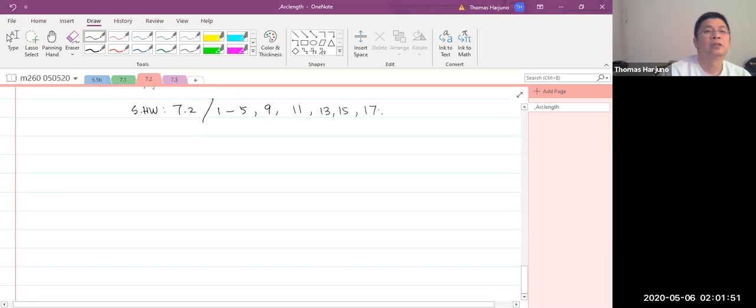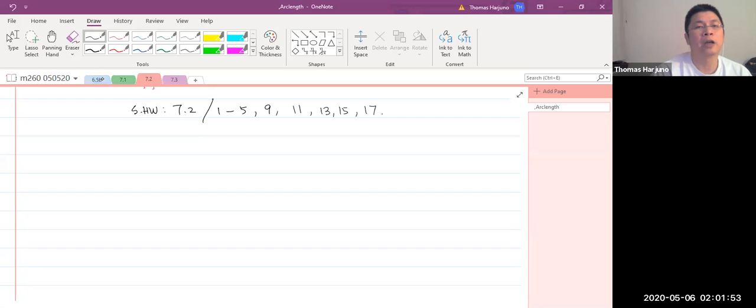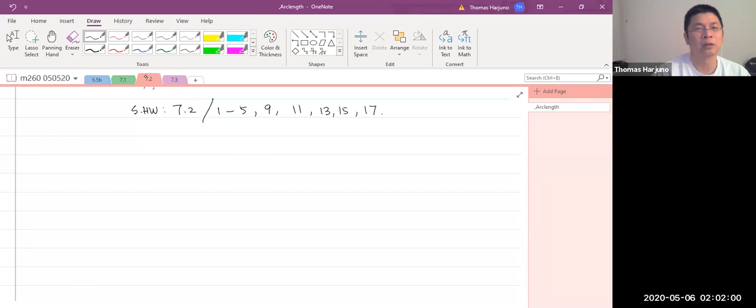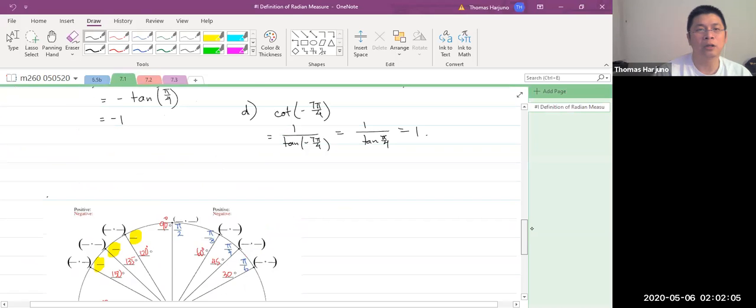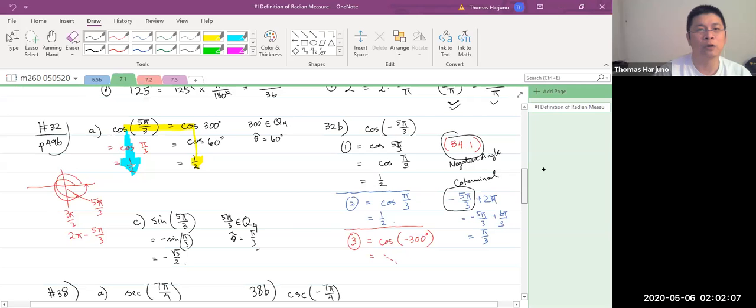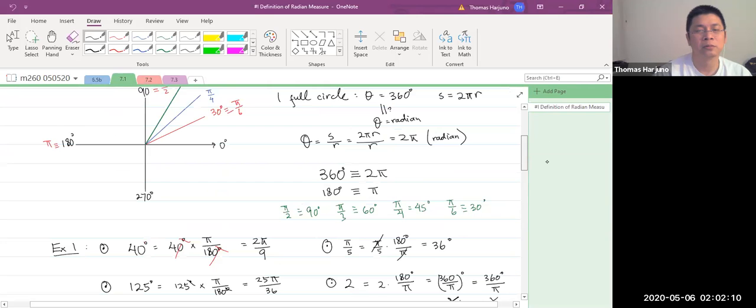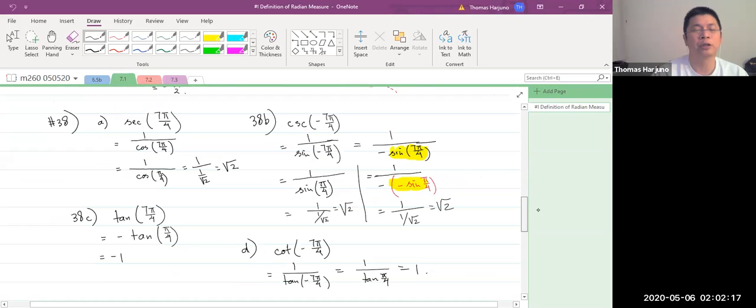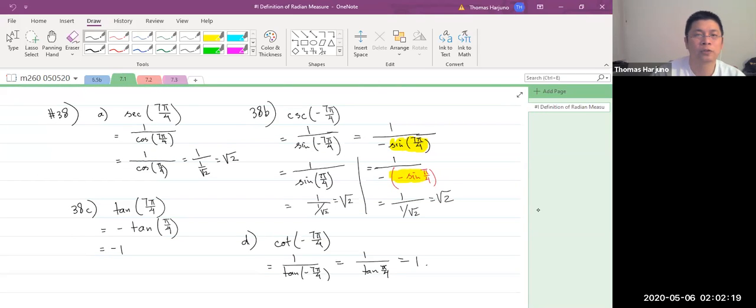Okay. So again, I hope you see that 7.3 is just repetition from 7.1 and 7.2 put together. In 7.1, the new part is basically converting. You need to know how to convert from degree to radian, from radian to degree, and then compute the trig function of special angles in the first, second, third or fourth quadrant.